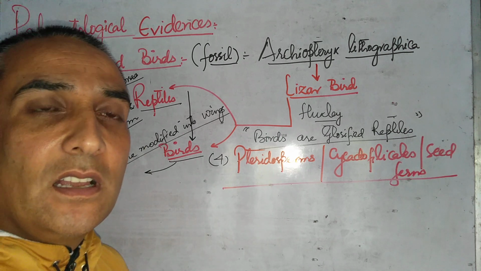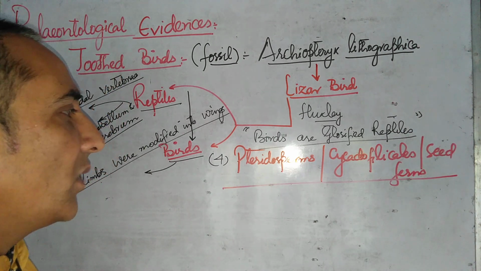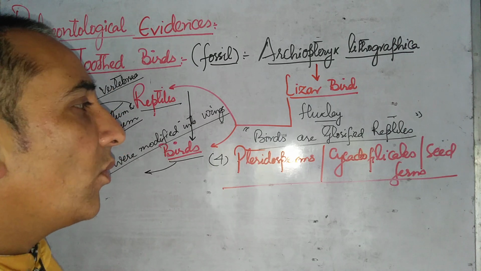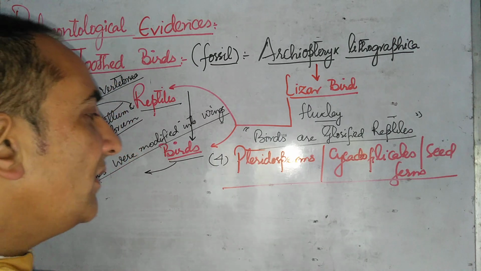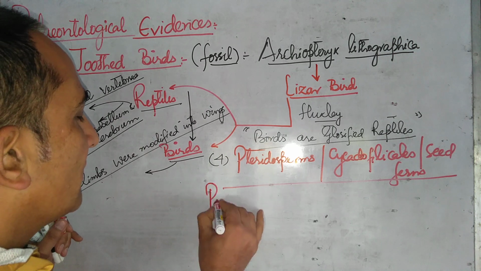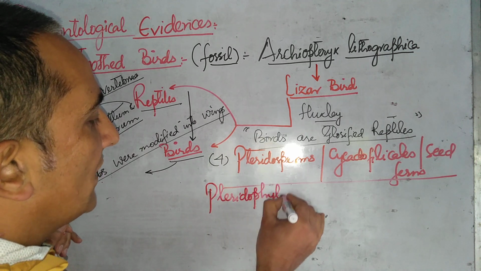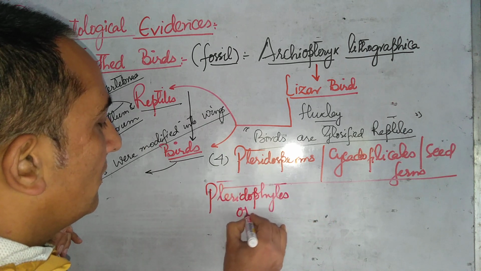These are the fossil plants, and they are known as pteridosperms, cycadofilicales, or seed ferns. Their characters are in between those of the pteridophytes. Pteridophytes are also known as ferns.